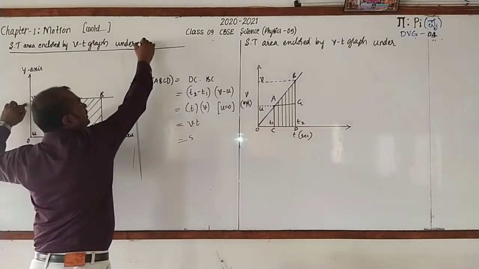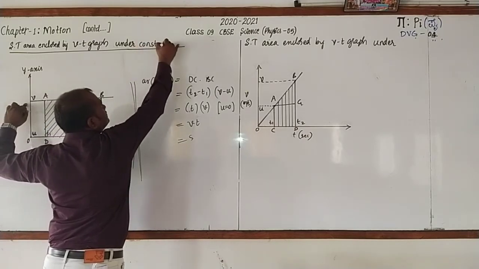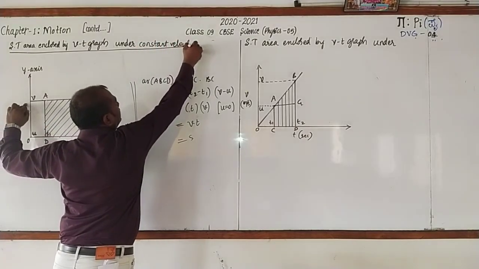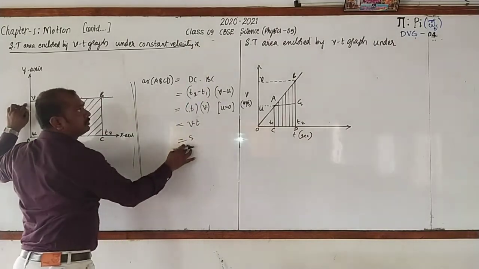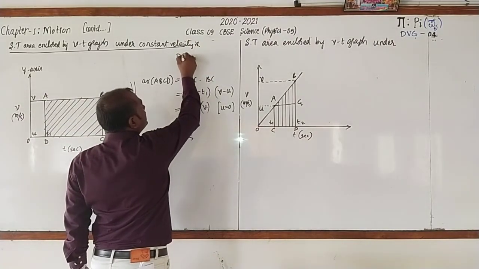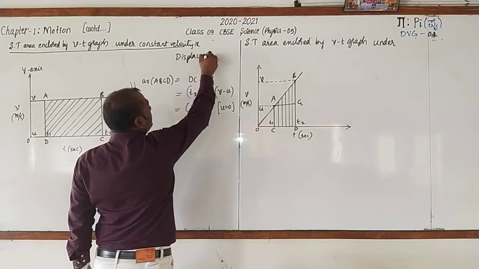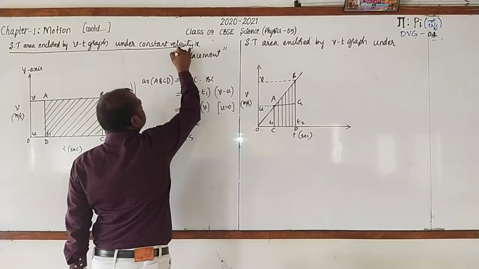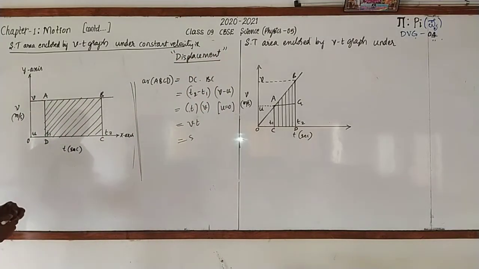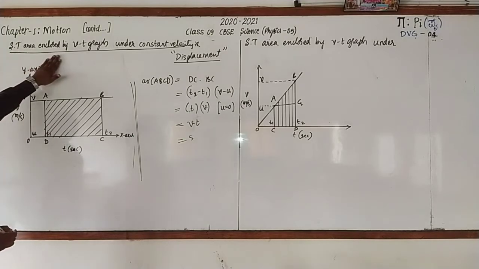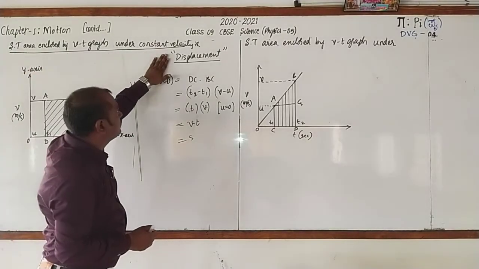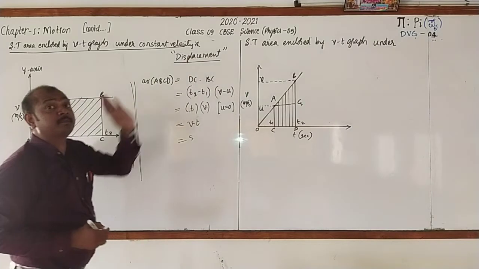Constant velocity. Under constant velocity is what? Just you have come to know, is displacement. So this is the question to be asked in the examination. Show that area enclosed by Vt graph under constant velocity is displacement.